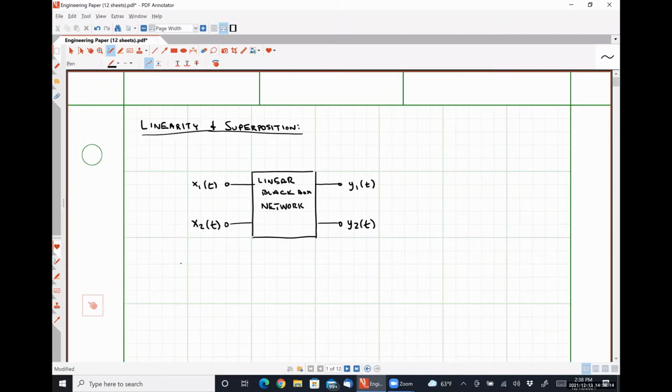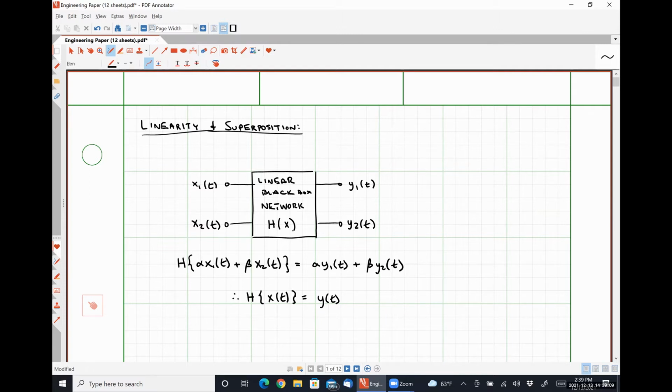So we could say that H of alpha x1 of t plus beta x2 of t needs to equal alpha y1 of t plus beta y2 of t, or in a more shorthand notation, we could say that h of x of t needs to equal y of t, where h of x is what's called the transfer function of our system.